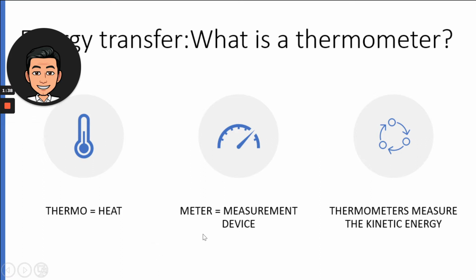A measurement device, such as an odometer that you see in your car that measures the speed you're going, or even a gas gauge in your car. Those are all meters, and they tell you a measurement of some sort. So when we look at thermometer, we are measuring heat. And what a thermometer specifically looks at is the kinetic energy of the substance it is measuring, okay? And we know all about that word, kinetic energy.